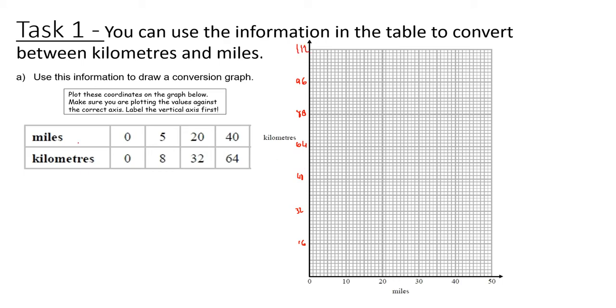Okay, so if we were to look at our table here, it tells us that miles to kilometers, 0 miles is 0 kilometers, so your first point should have been there. Not forgetting that 0 there.